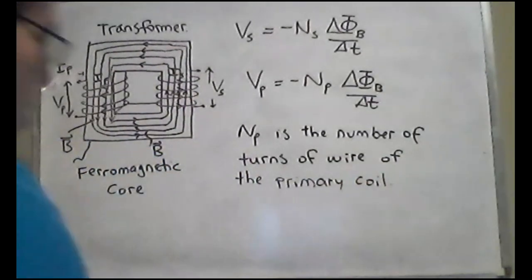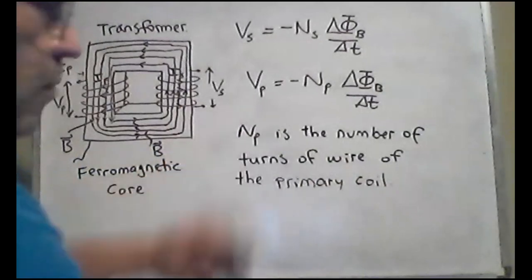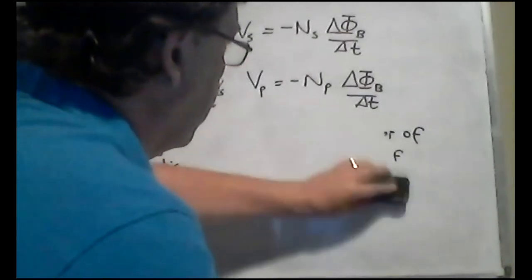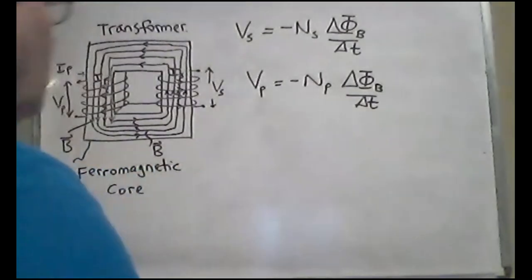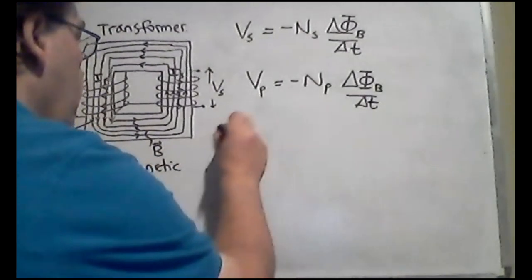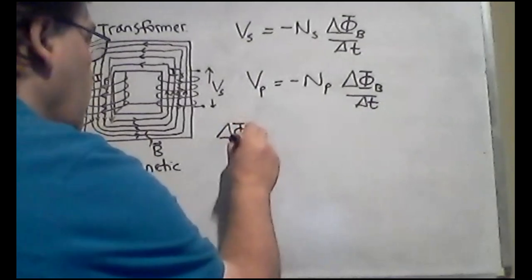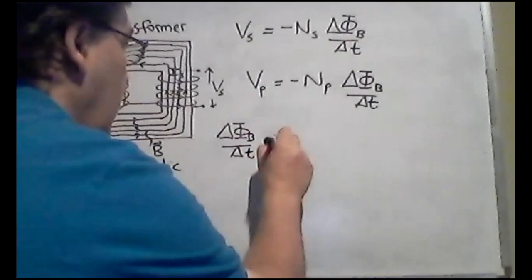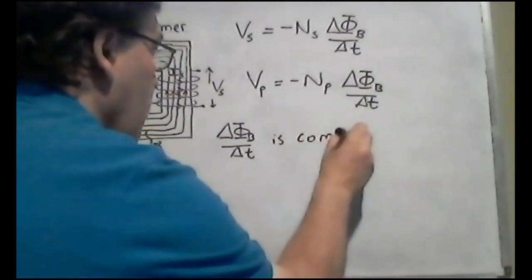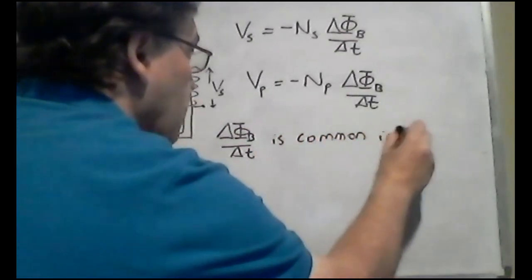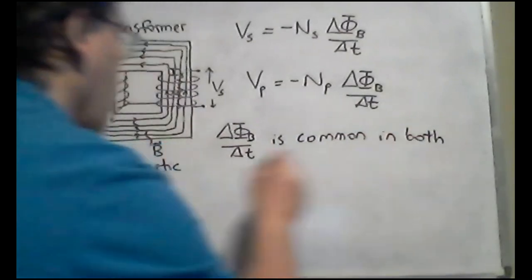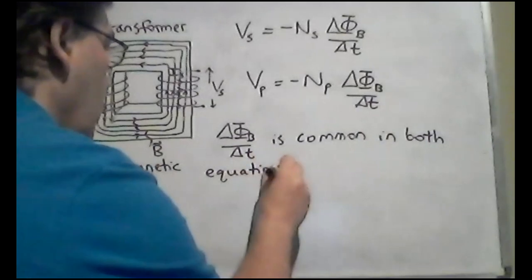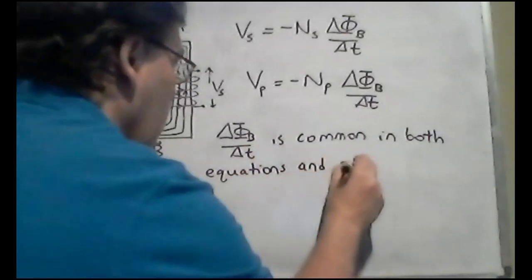Notice that delta phi sub B with respect to T is common in both equations and can be eliminated.